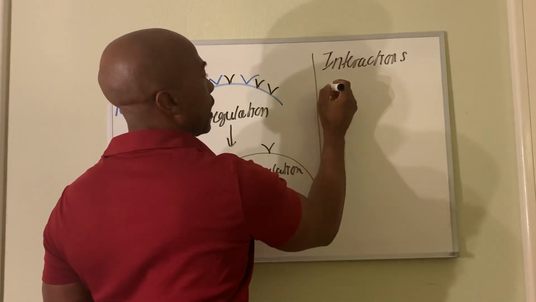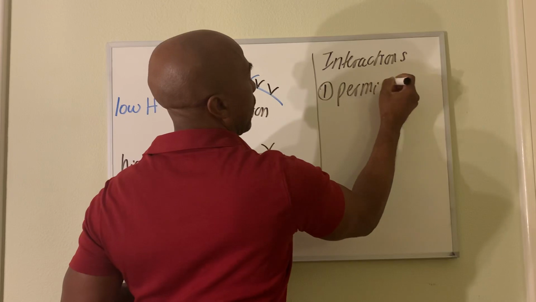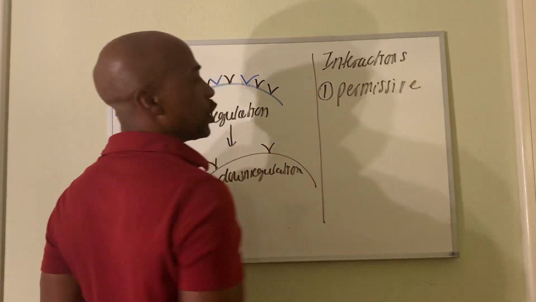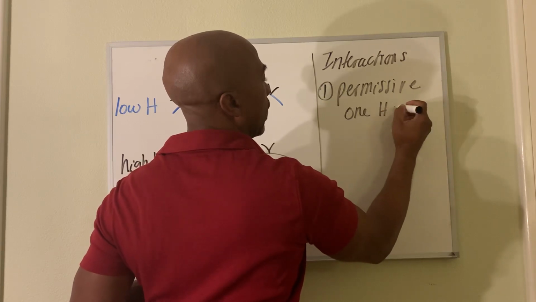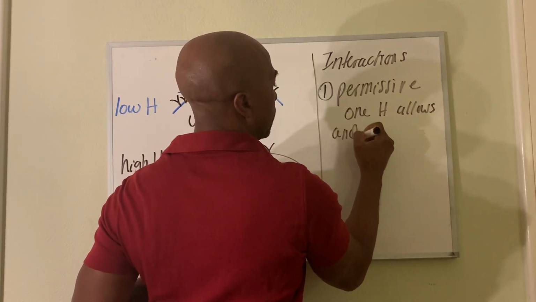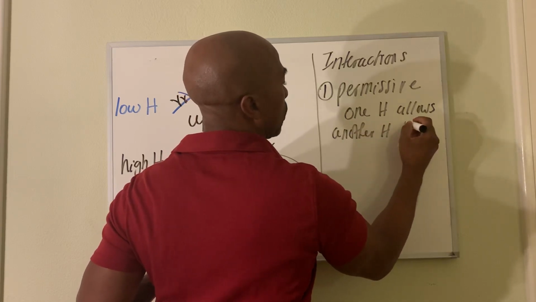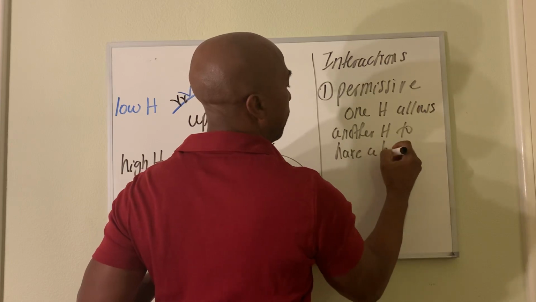So the first we're going to discuss is what's called the permissive interactions, where one hormone allows another hormone to have a bigger effect.